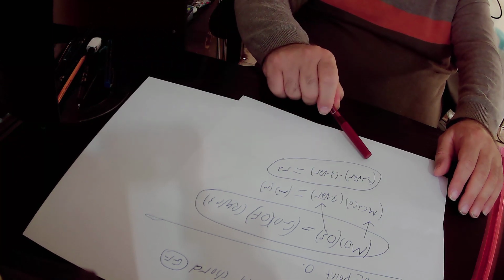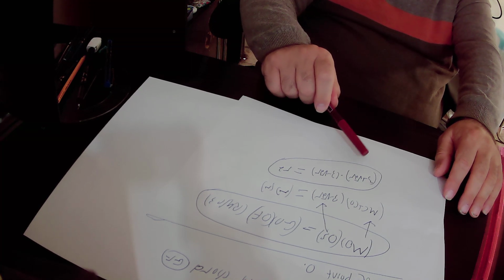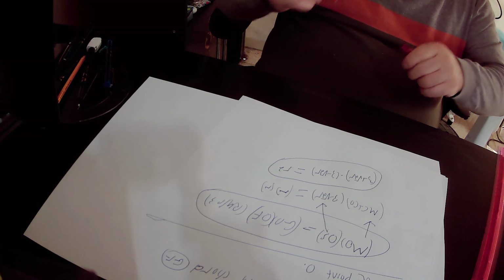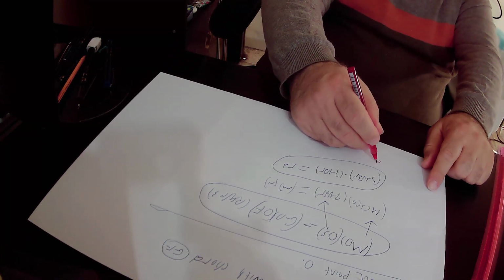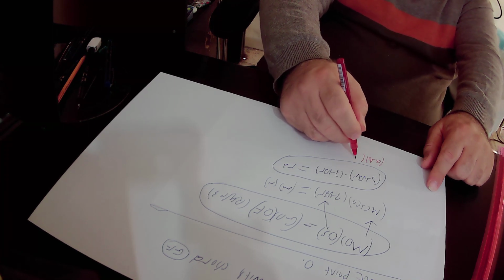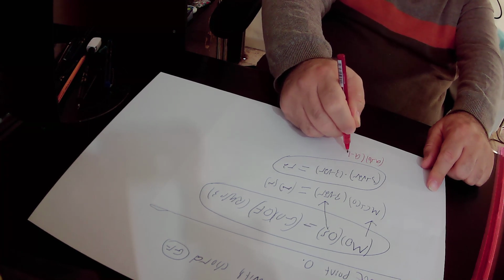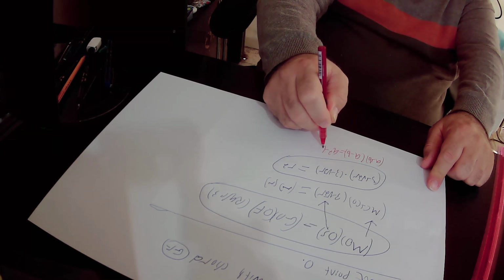This expression, 3 plus square root of 2r times 3 minus square root of 2r, is very similar to the algebraic identity that a plus b times a minus b equals a squared minus b squared.